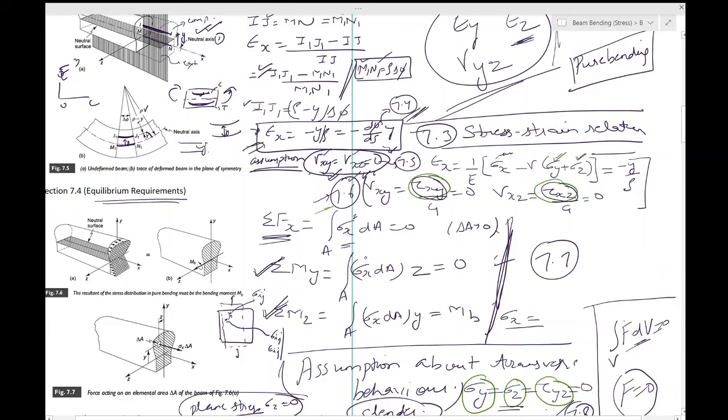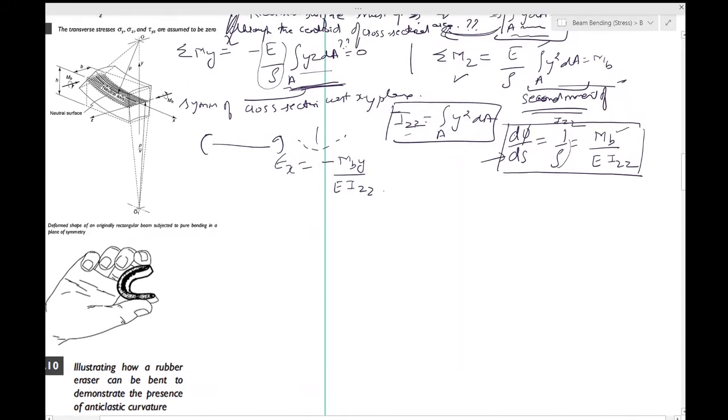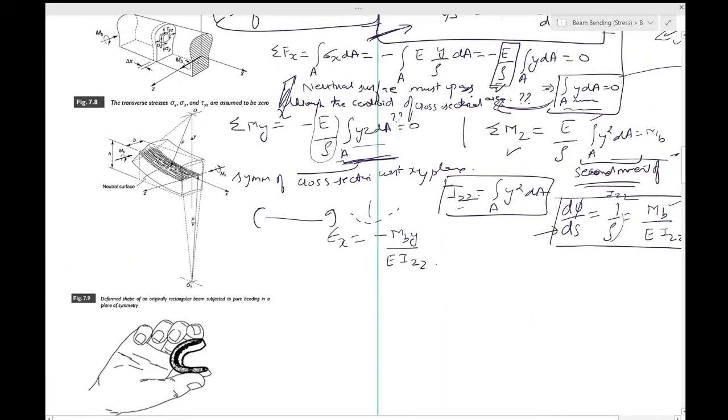So d phi by ds you already have found out in terms of the bending moment and Izz, so you just substitute it over here and you will get epsilon x equal to this, and sigma x is equal to minus Mb y by Izz.